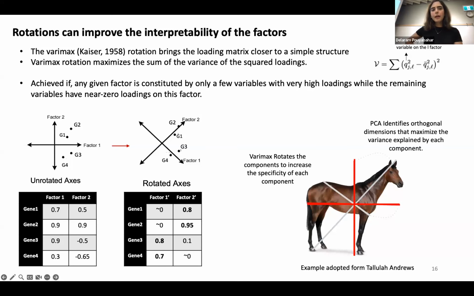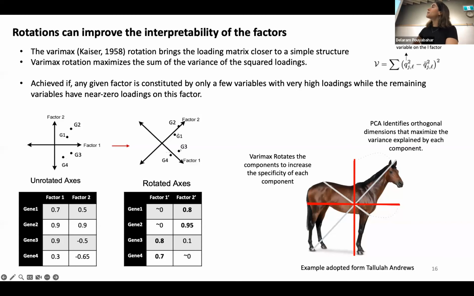So another way, again, we're talking a lot about interpretation, right? We care a lot about interpretability of the learned factors, and I will discuss actual pipelines for interpreting the factors from the next slide. But before moving into that, I wanted to discuss an approach that you can use to improve the interpretability of the learned factors, especially for PCA.